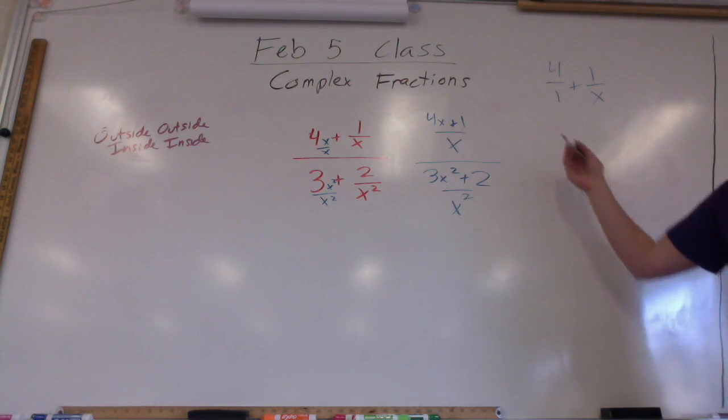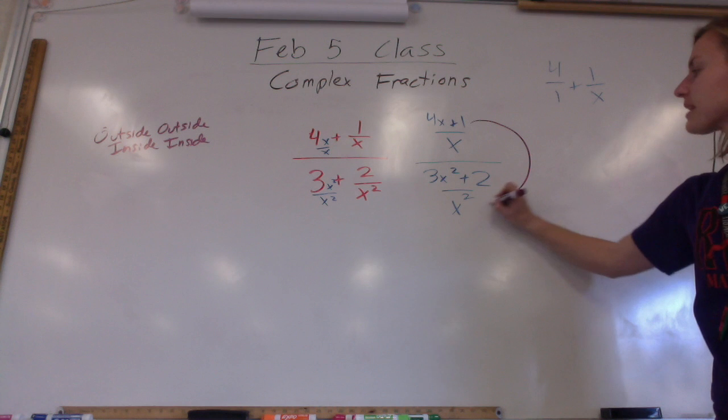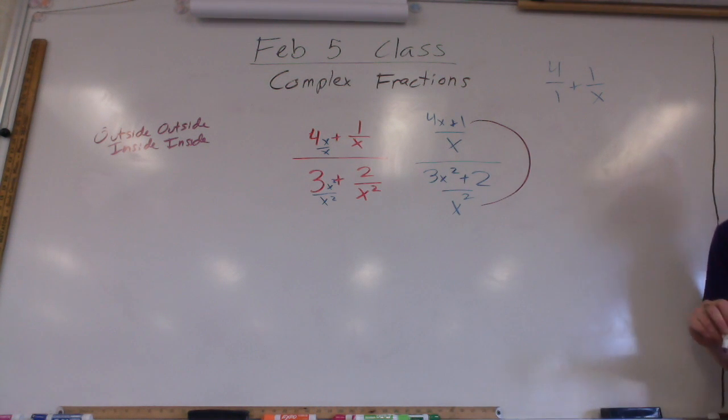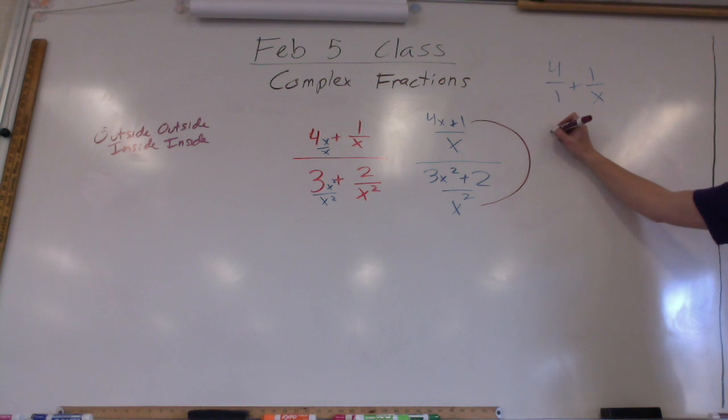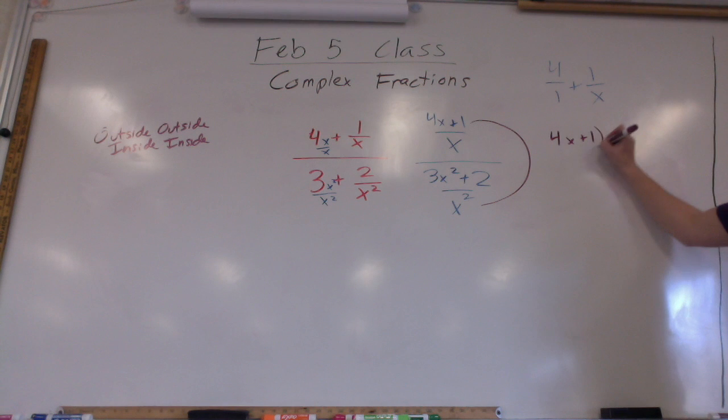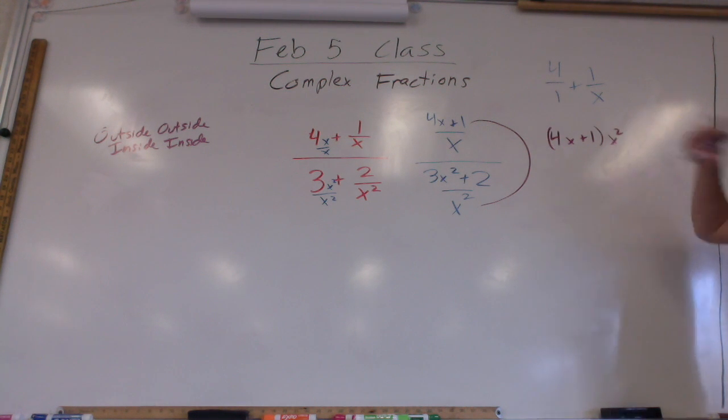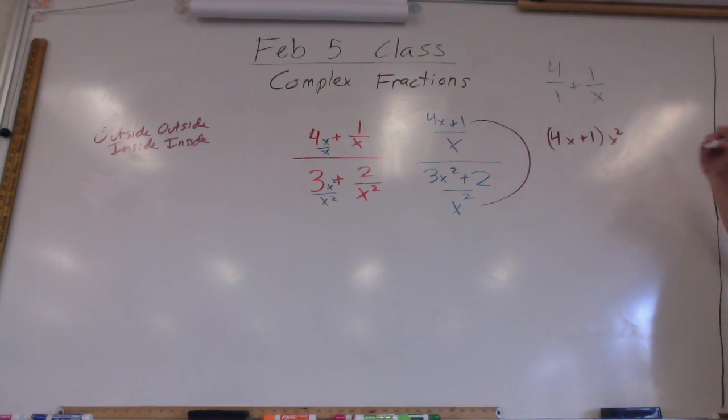All right. If I do outside times outside, who can tell me what we get? It's x. 4x plus 1 times x. Combine the x and the x. In parentheses, yes. We can combine them.